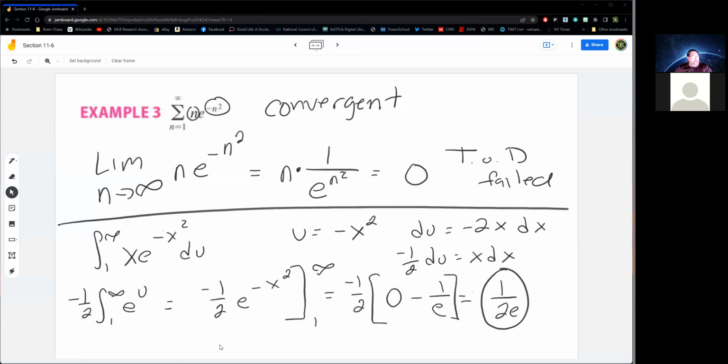Remember the integral test, let me get a picture of it. Sorry, you're right. I understand why the 1 over 2e, because we're dealing with the integral, not the sequence itself. I get that part.